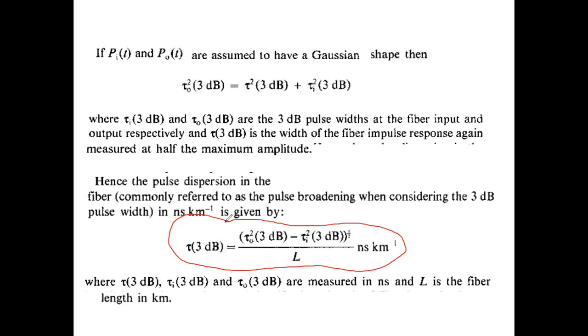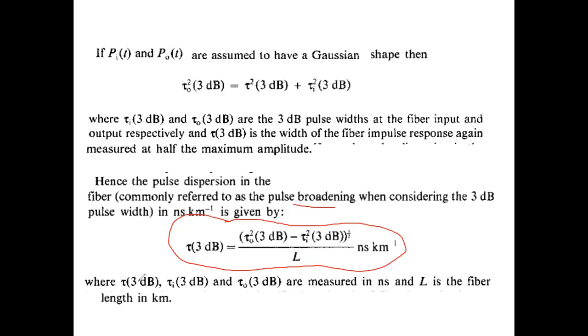Either they give you the core refractive index, or they give you delta, or they give you the cladding refractive index. So it was based on the fiber parameters. This formula for pulse broadening is strictly based on the pulse width that we have measured and the length of the fiber.